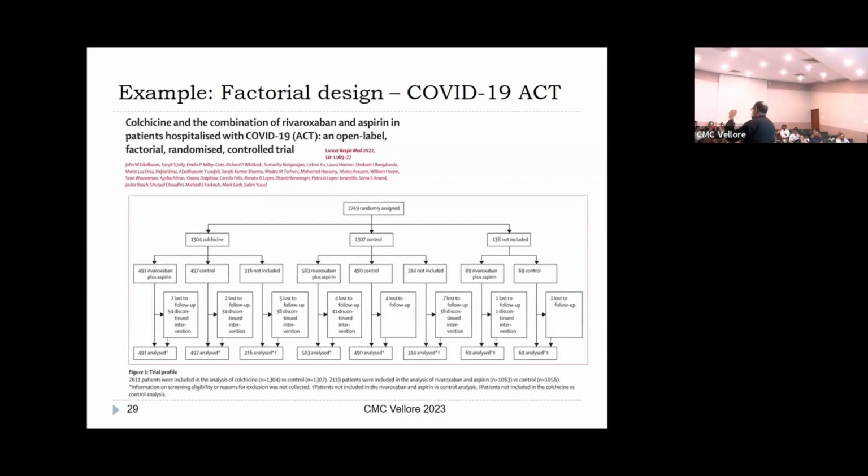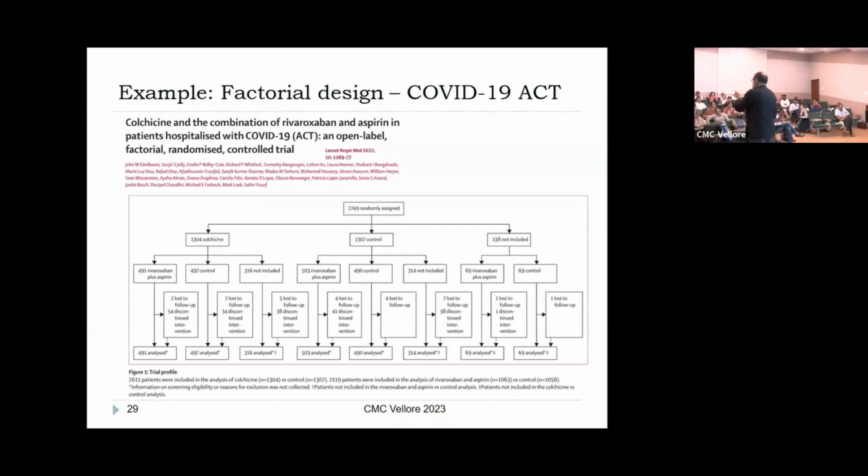You could say that the effect of A depends on whether you get B, and may be different than the effect of A if you don't get B. Likewise, the effect of B will depend on whether you get A, and it may be different if you're not getting A.